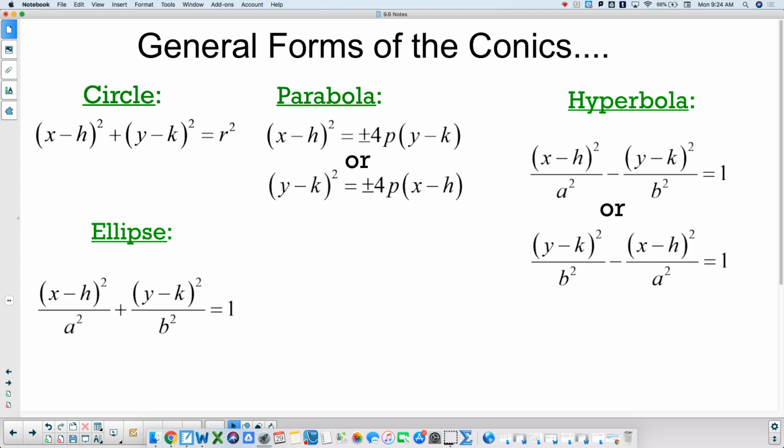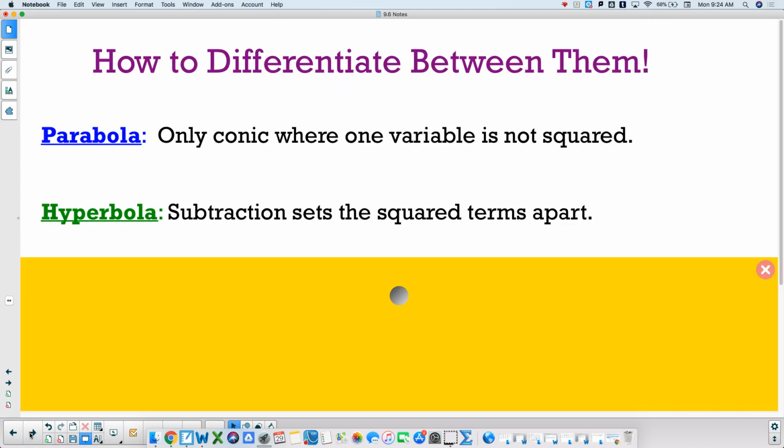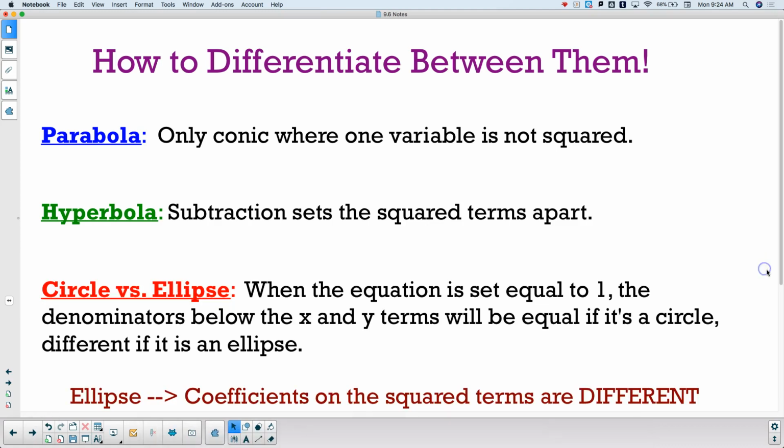So to put that into words in a different way, one way is to say that when the equation is set equal to 1, the denominators below the x and the y terms will be equal if it's a circle, different if it's an ellipse. That's why we said it before. A and B are the same, it's a circle. A and B are different, it's an ellipse.